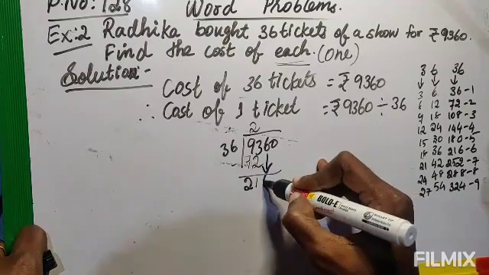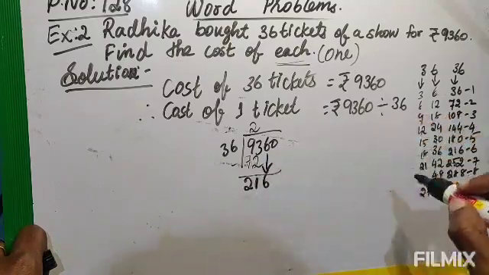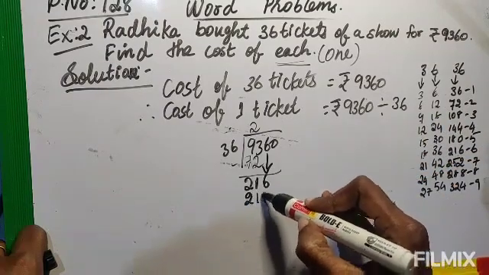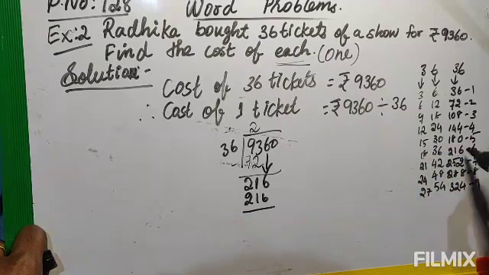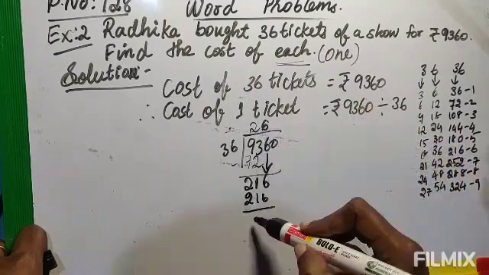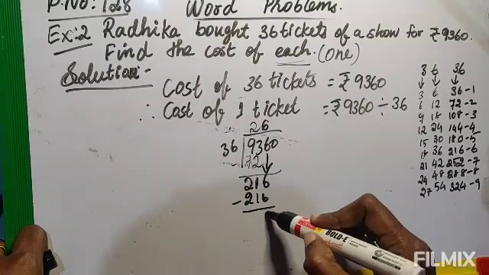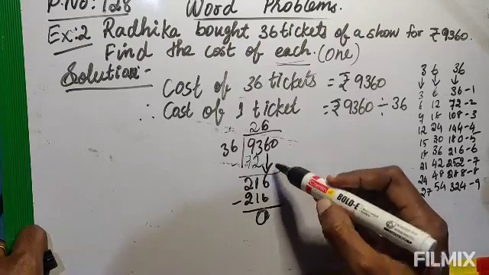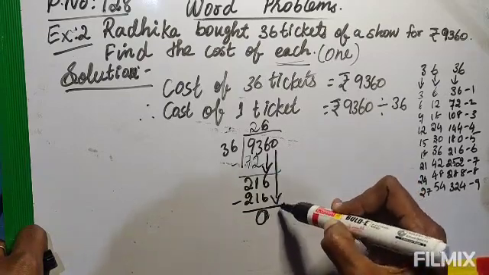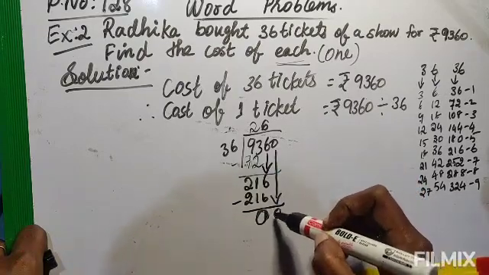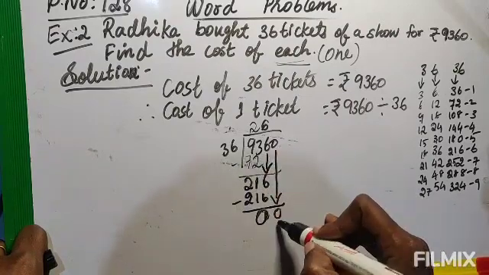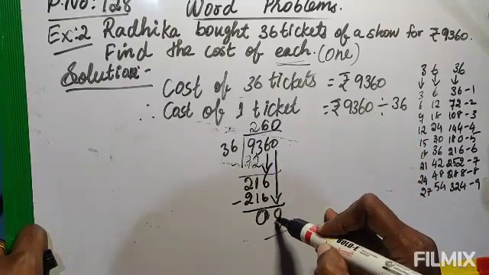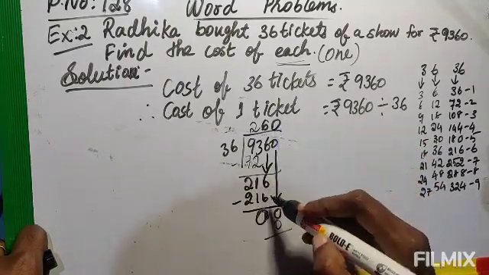Now you take the next number down, 216. So 216, it is there. Okay, so let's write 216, and 216 is 6 times, so we will write 6 here. So now let's subtract. 6 minus 0, 6. 1 minus 1, 0. 2 minus 2, 0. So all 0. Okay, one more 0 is there, so you have to take down 0. 0 divided by 36 is 0 only. 0 divided by any number, the answer is 0.